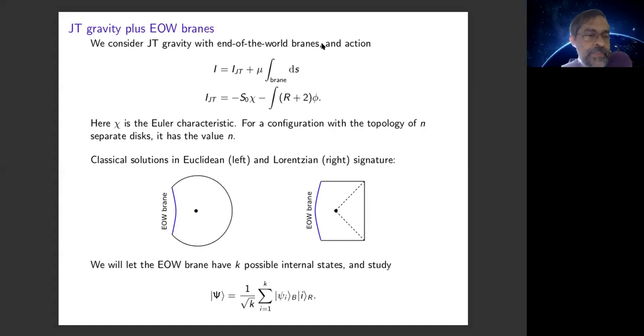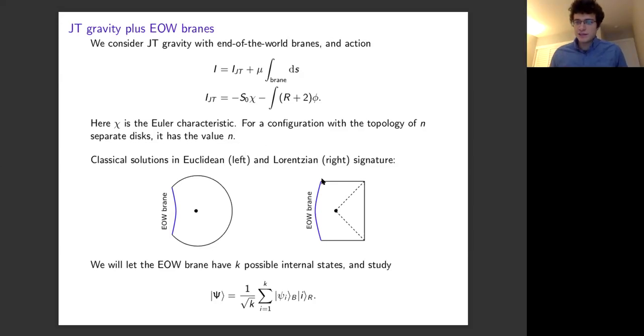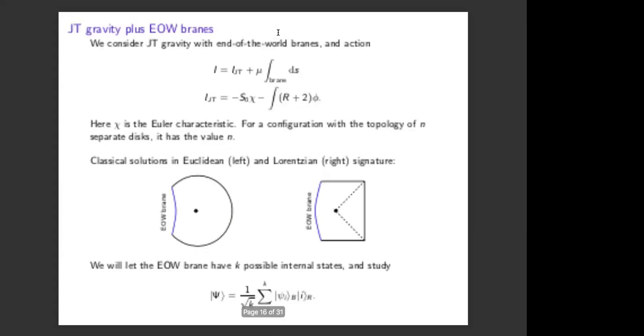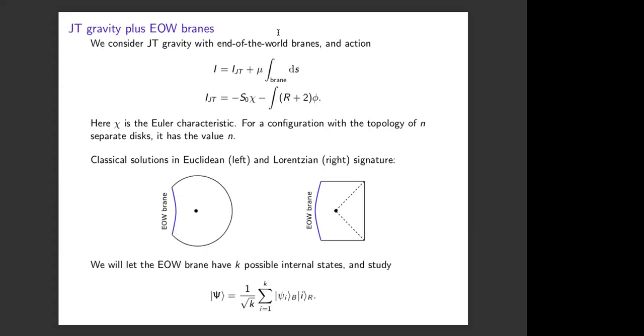In order to generate a puzzle here, in order to get too much entanglement between the black hole and something else, we should take k extremely big. And that's what we're going to do, and then we're going to see what happens. Sorry, Douglas, just to ask you about that.